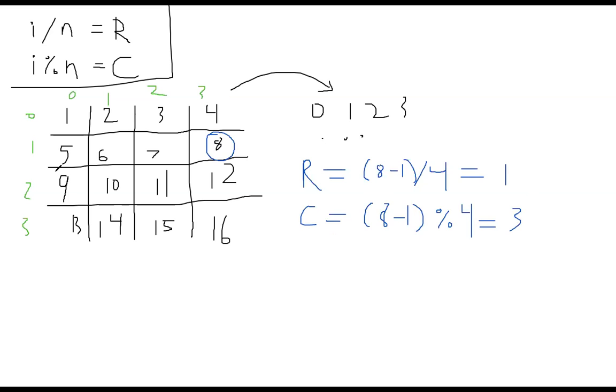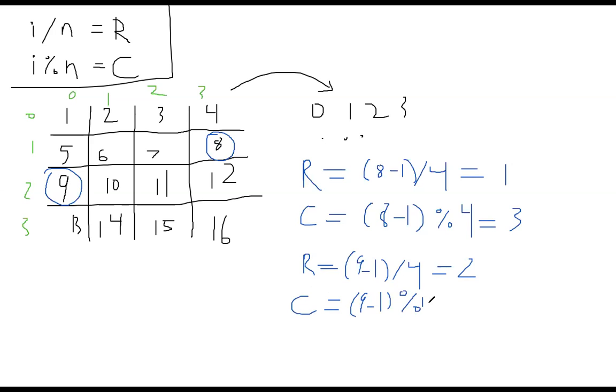And if we test it by the theory of induction, if a principle works for the nth case, it should work for the n plus 1th case. So the n plus 1th case would be 9. So the row for 9 should be 9 minus 1 divided by 4, which is 2. And then our column should be 9 minus 1 modulo 4.